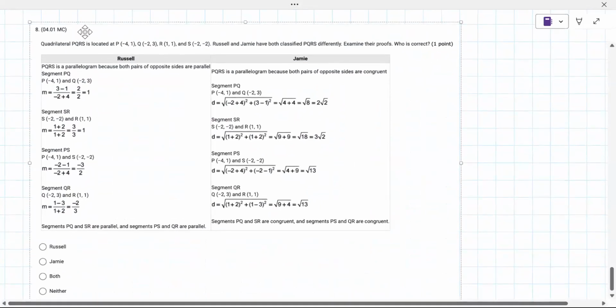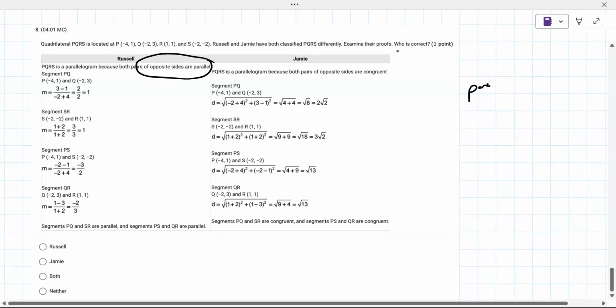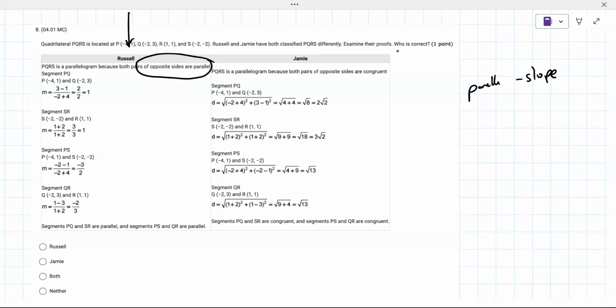All right, so this one is which proof is correct. To prove that opposite sides are parallel, parallel has to do with slope. So when you look at each of these proofs, which one calculates the slope?